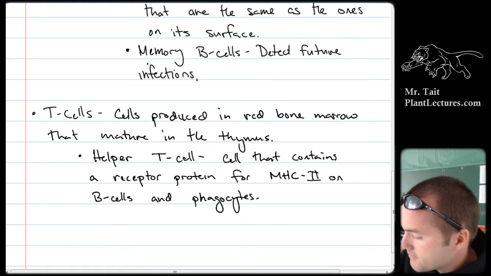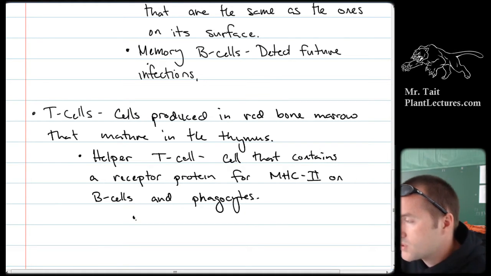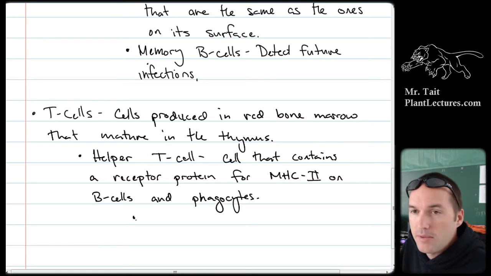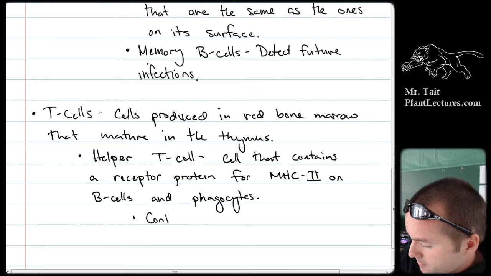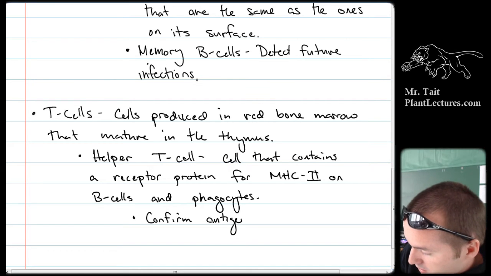So these B cells and phagocytes, those are the 2 cells in your body that are going to be looking for antigens and actively destroying antigens. And the helper T cell's job is to make sure that the things that are being destroyed are in fact antigens. So these confirm antigens as pathogens.